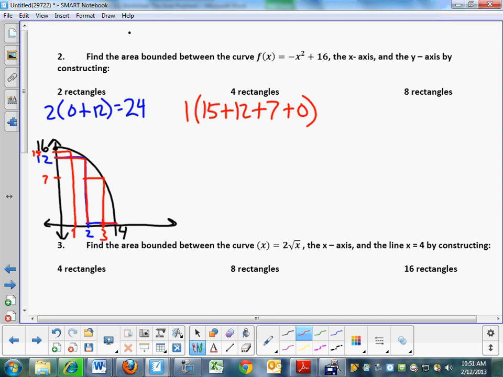And what we have there is 34. So that's a better approximation. Obviously, if we plugged in 8, we would get even better. Obviously, if you went to infinity, we'd get even better.